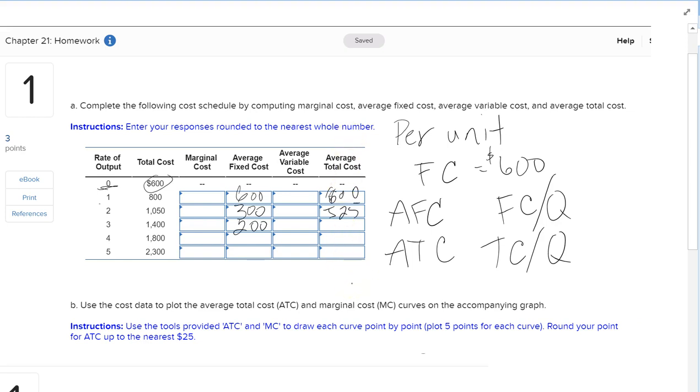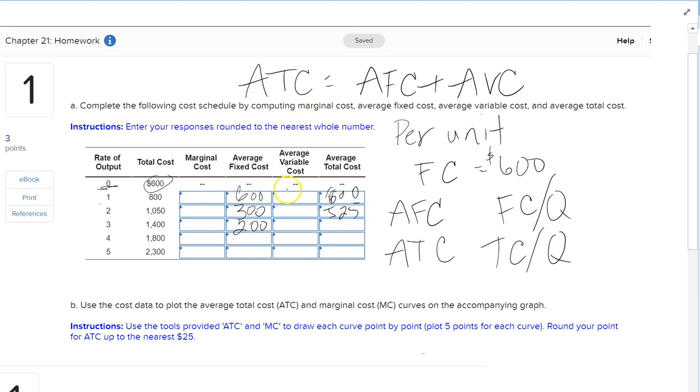So pretty manageable so far. The next one that becomes really simple to do now is average variable cost, because here's a formula to work with. We know that average total cost is equal to average fixed cost plus average variable cost. So since we know that, we can figure out that average variable cost is the difference between average total and average fixed.